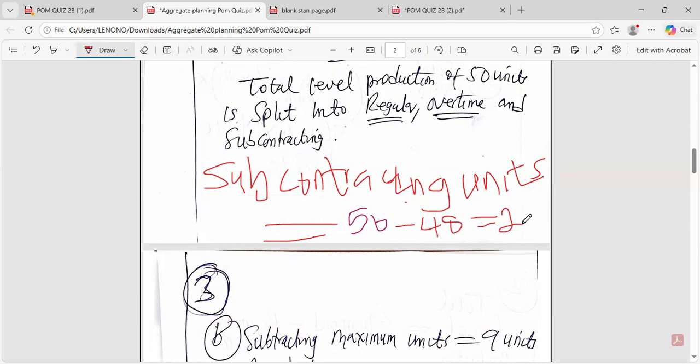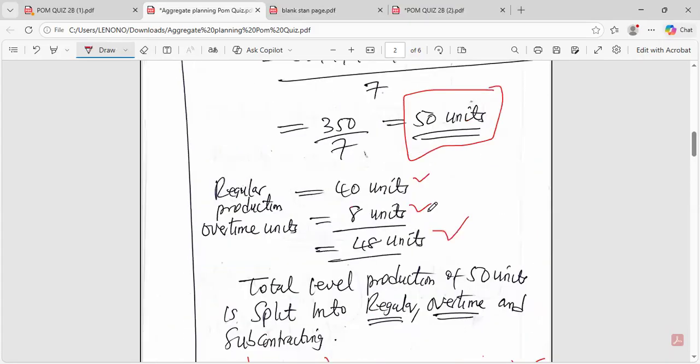So the 2 units will be the number of units that we should actually subcontract, meaning that our production will be equal to regular production of 40 units plus the overtime units of 8 units, which is 48 units.